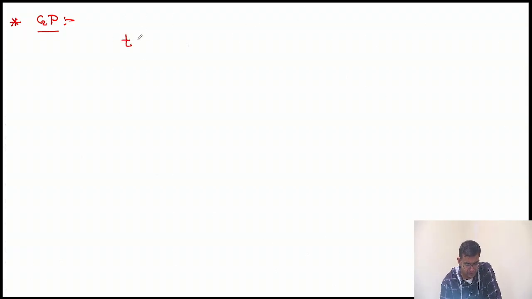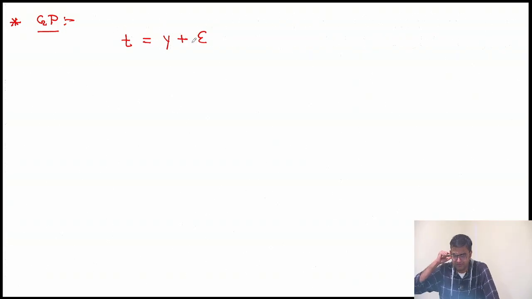So we are talking about GP, where GP stands for Gaussian process, or to be more specific, we are talking about GPR, which is the Gaussian process regression. The whole idea starts with this, where T is the target function. Although you will not know the target function, you will have samples of the target. Y is the function, the unknown function that you want to learn.